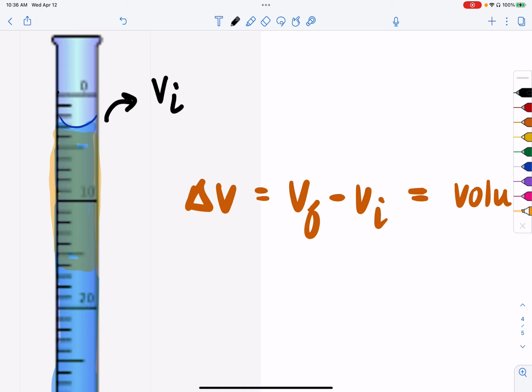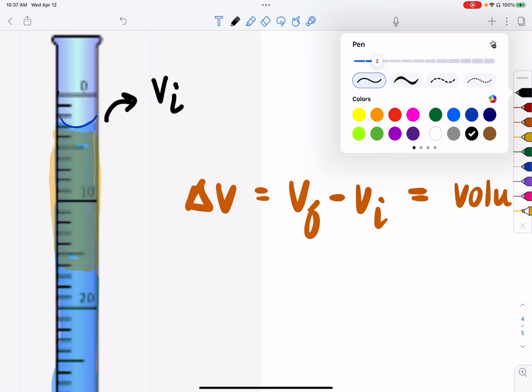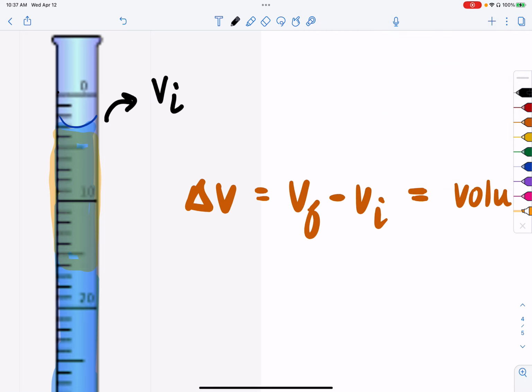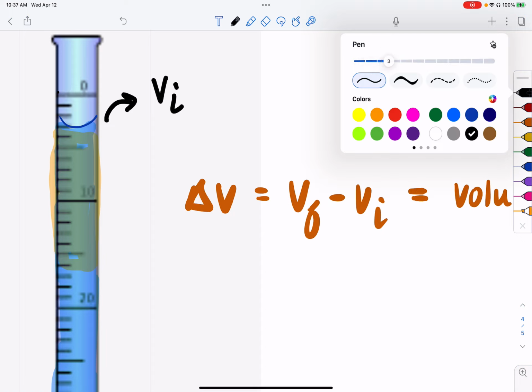To me, this looks like I am not exactly right at my marking there, but just below. So I'm going to approximate this as 1, 2, 3, let's do 3.1 milliliters.